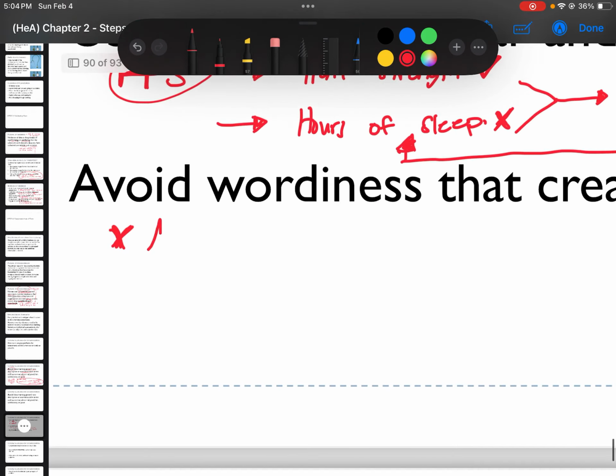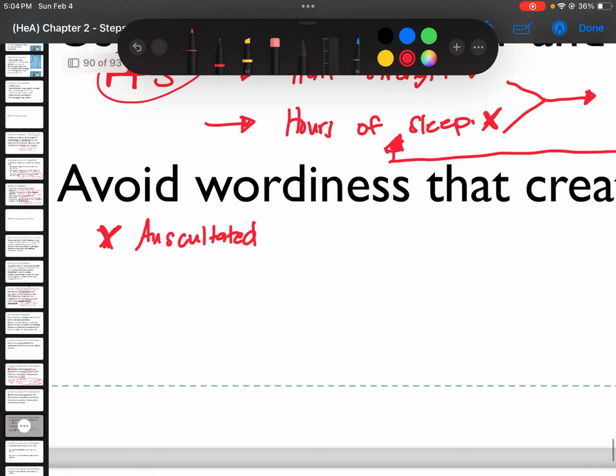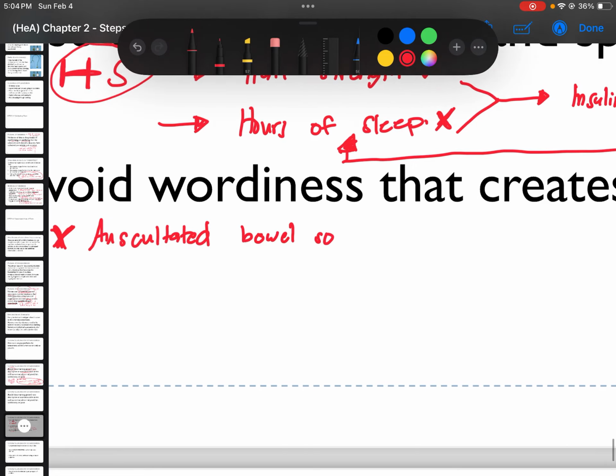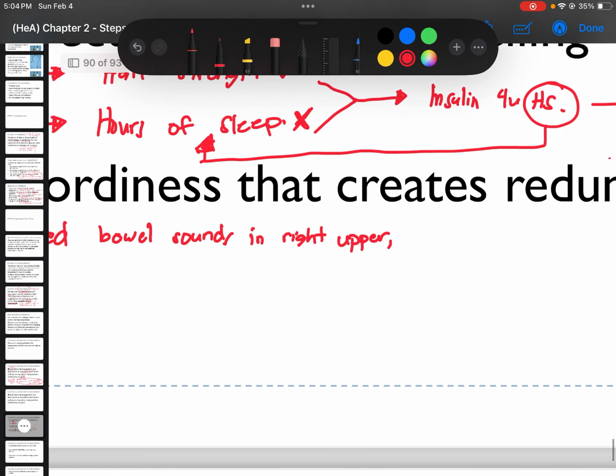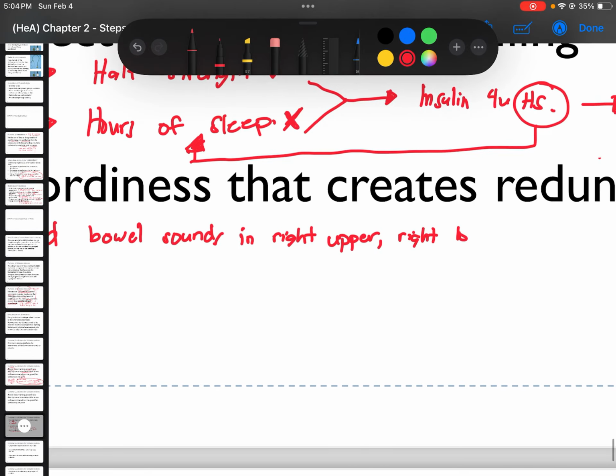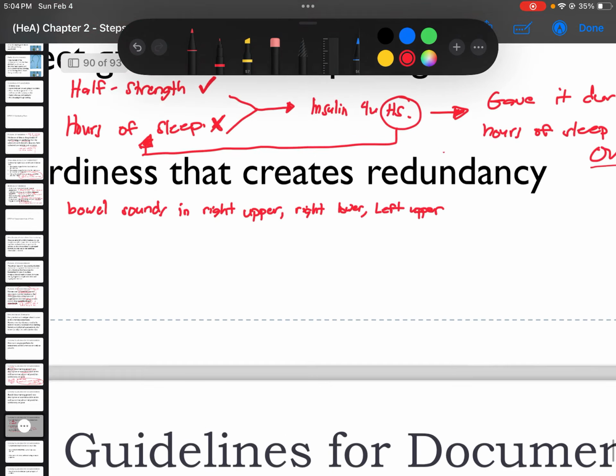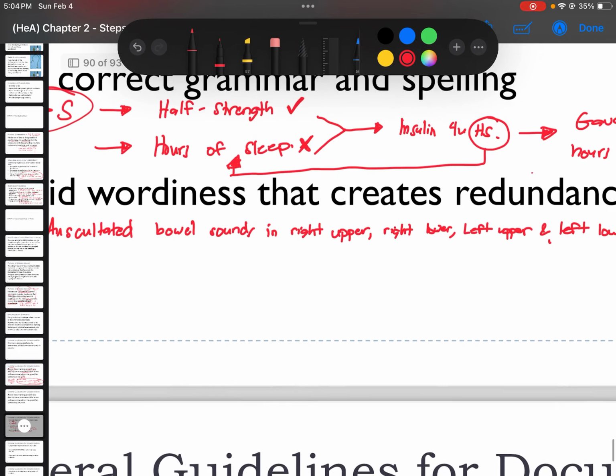Auscultated bowel sounds in right upper, right lower, left upper, and left lower abdominal quadrants. Okay?